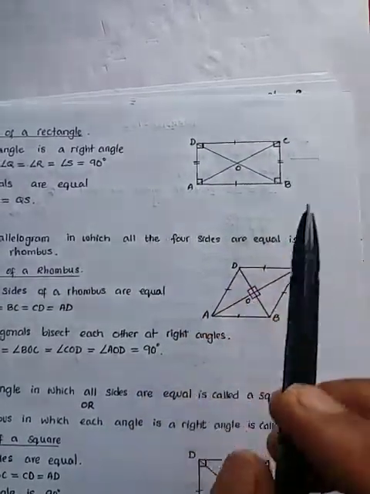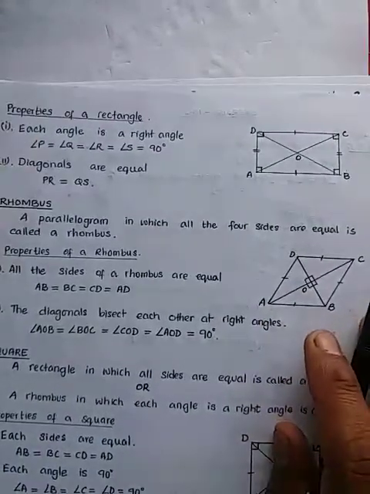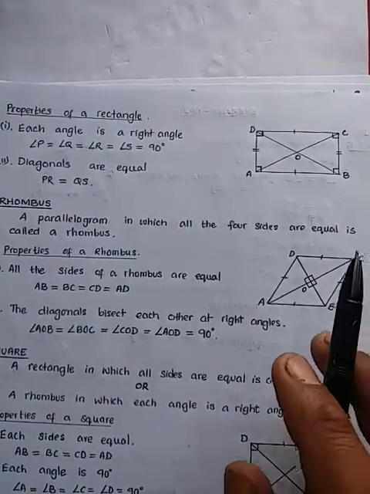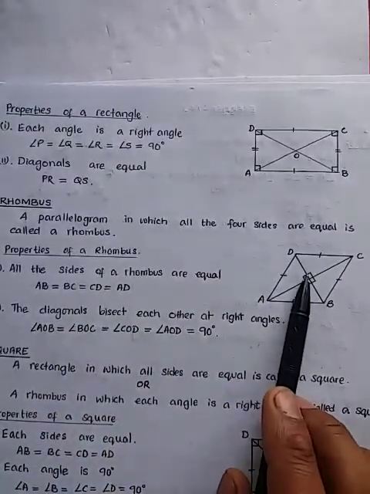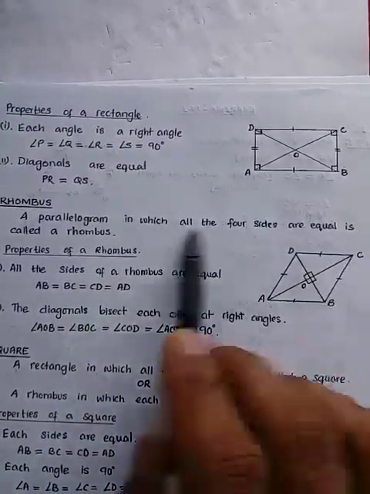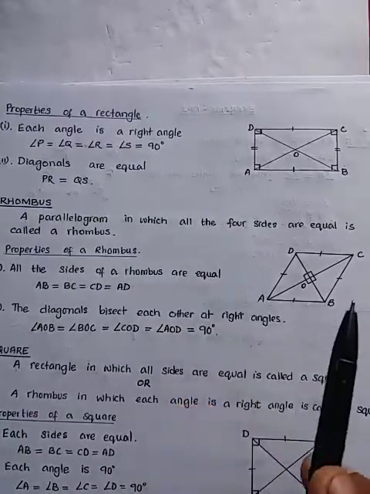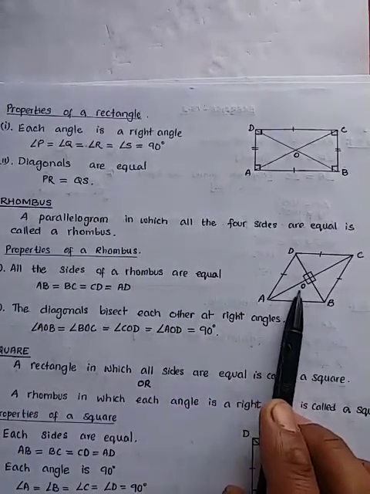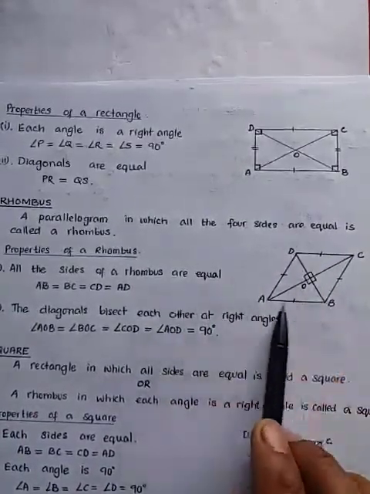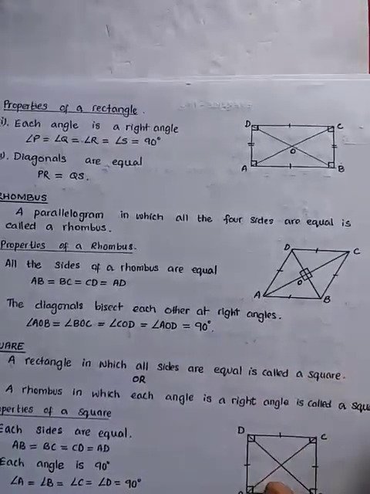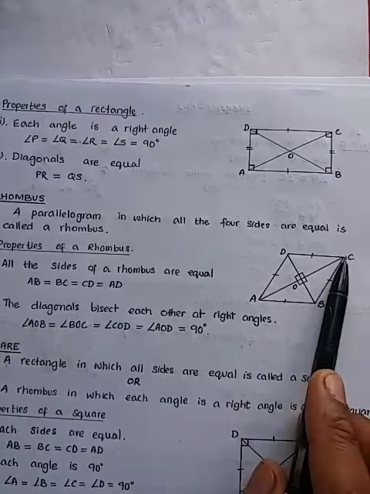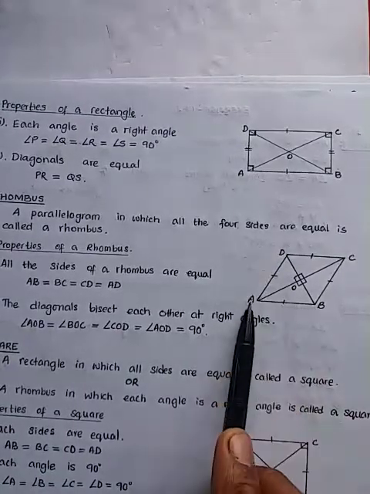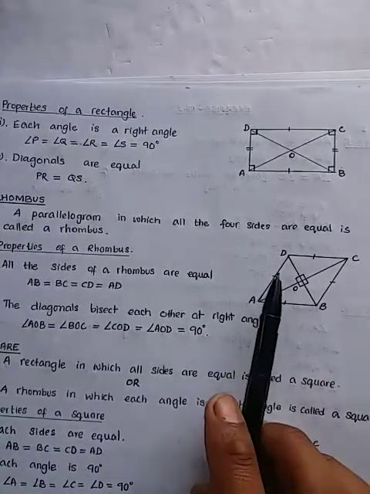Okay. Now next we have rhombus. So what is a rhombus? A rhombus is a parallelogram in which all the sides are equal, all the four sides are equal. Let's see some of the properties here. Since all the sides are equal, AB equals BC equals CD equals AD.